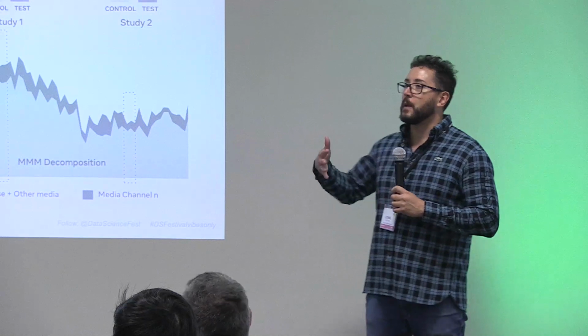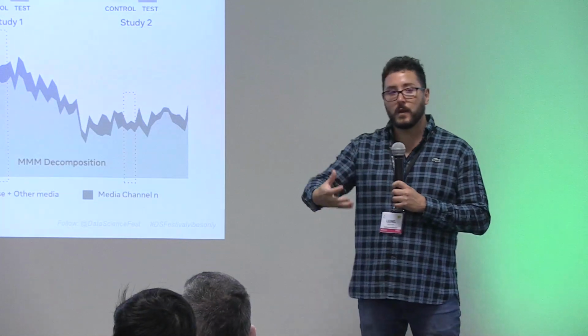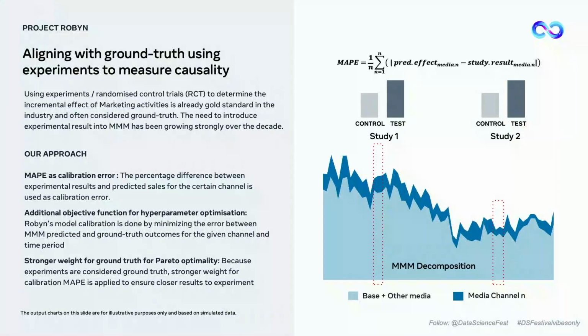And remember, we talked about the three main aspects that we want to tackle with Robyn. Well, this is calibration and aligning with the ground truth. Again, all MMMs are regressions. They can be pure correlation in the end until you input some causation data. We really want to know how much of the sales or conversions were caused by a certain channel.